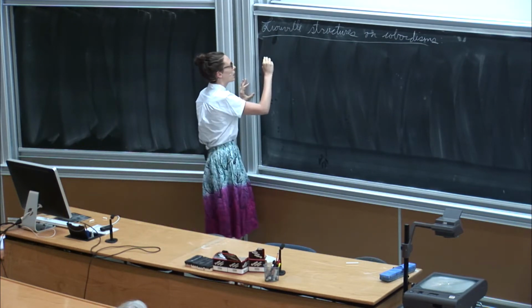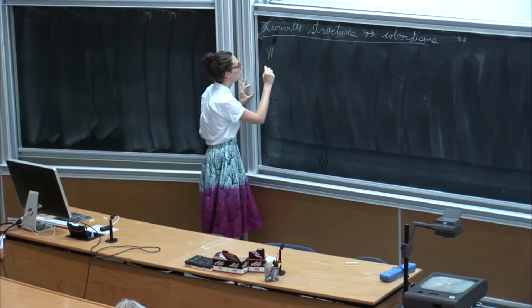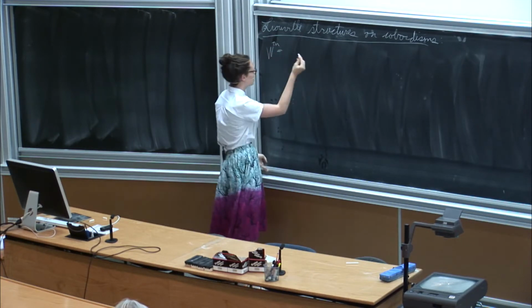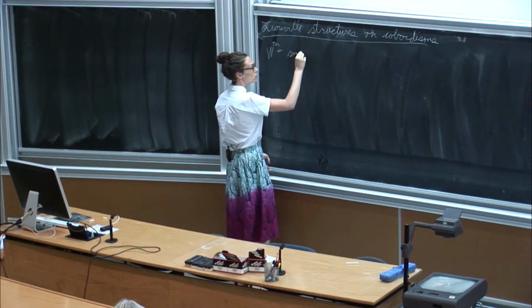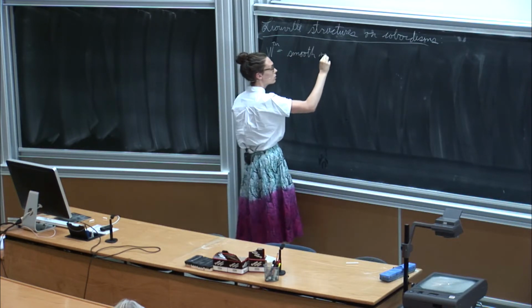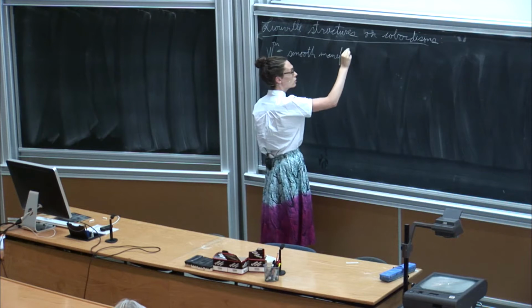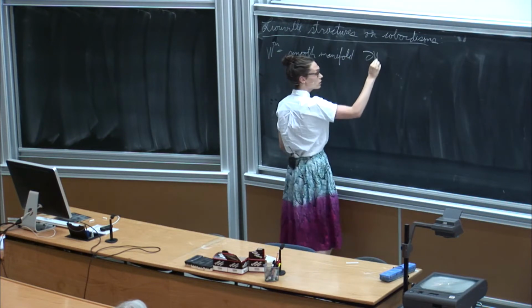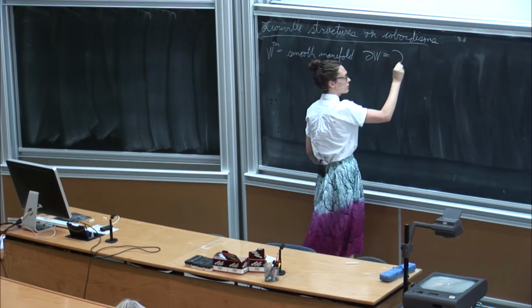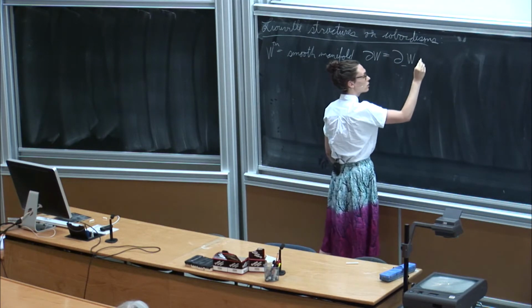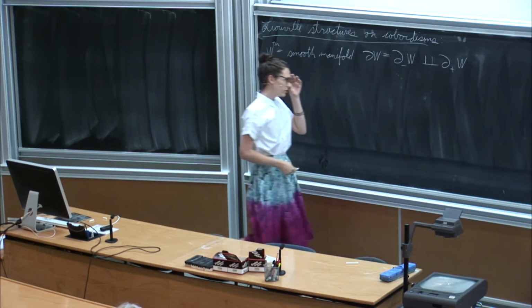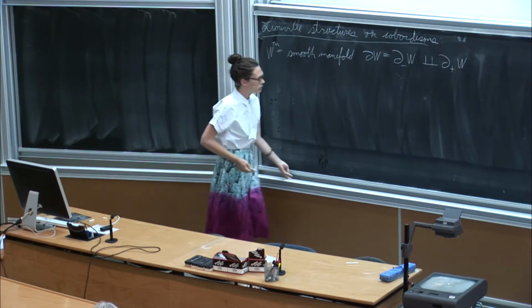Let's say that W is a smooth compact manifold, and its boundary is given as two components. So this is what I'll call a cobordism.